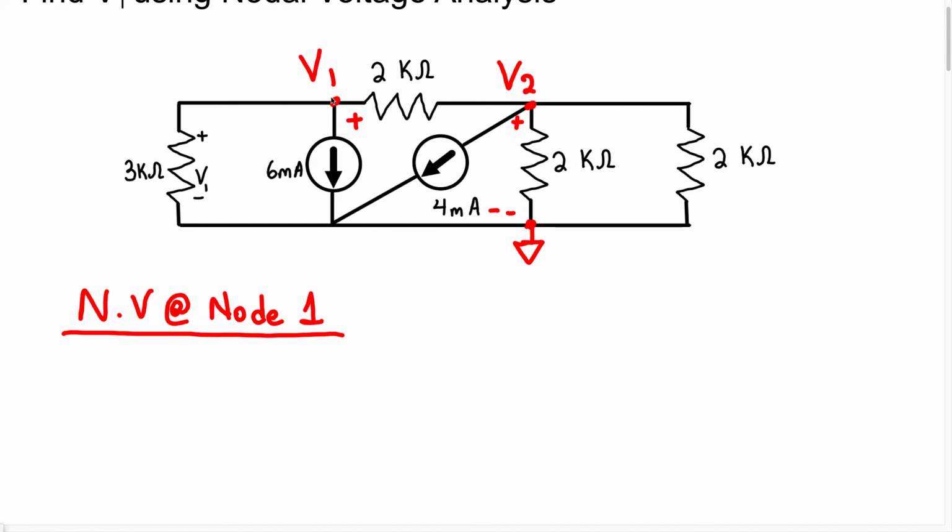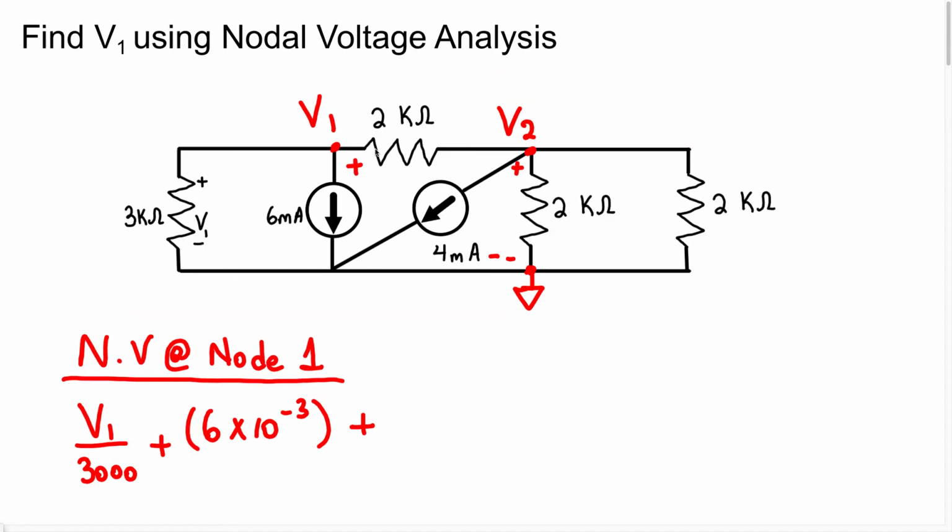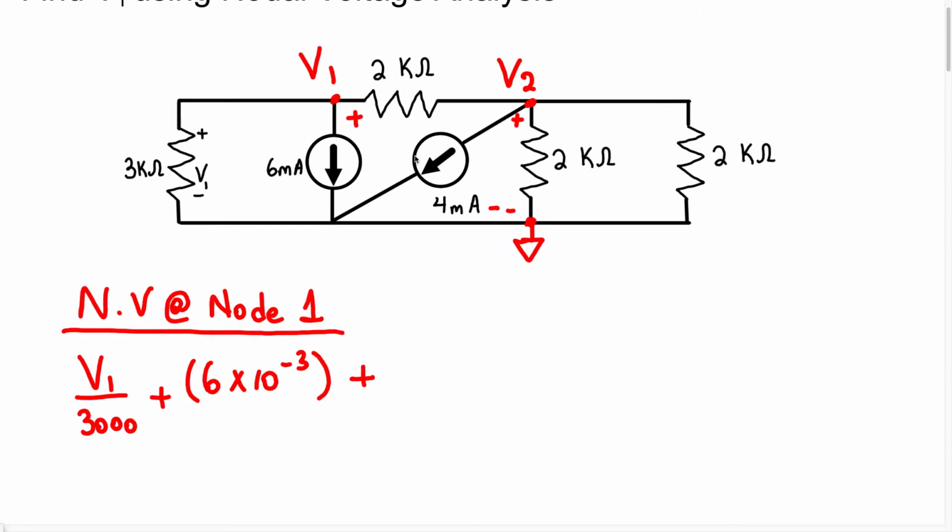So we're going to have V1, which is the voltage across the node and the resistor, over 3000, plus the current leaving this node is 6 milliamps, so we write 6 times 10 to the minus 3, plus the current leaving this node, which is the difference between the voltages at these two nodes divided by the resistor, which is 2000. So we have V1 minus V2 over 2000 equals 0.